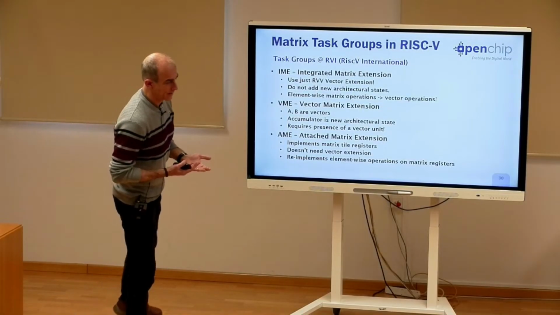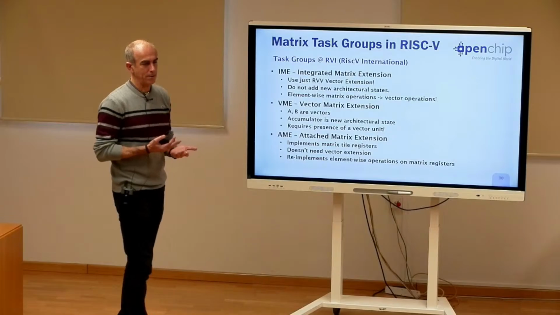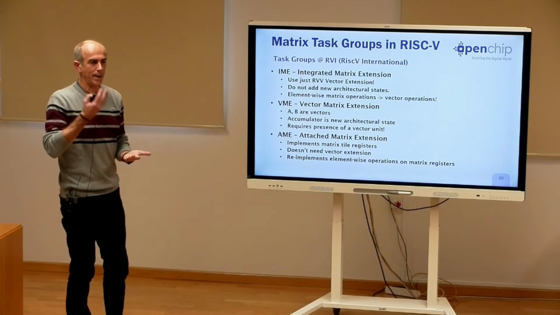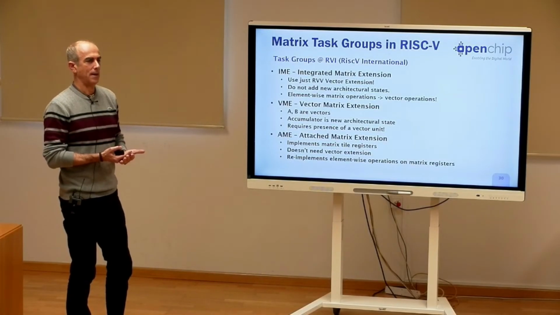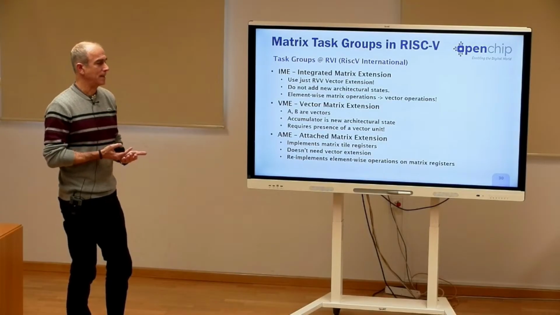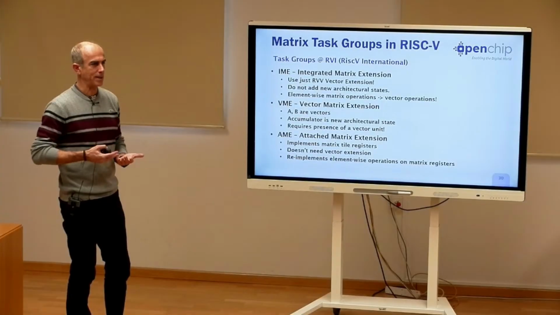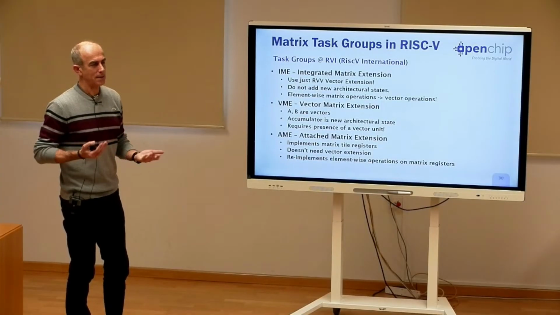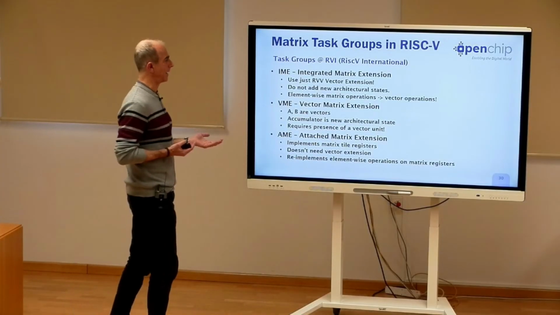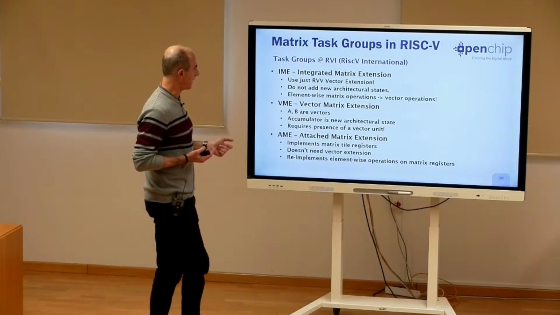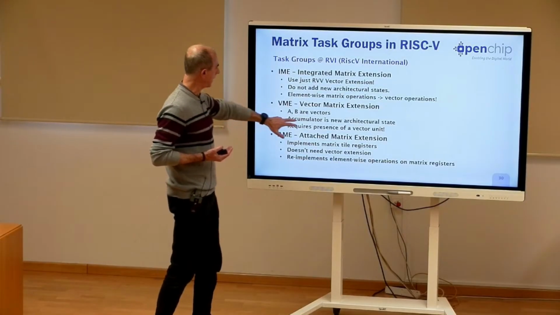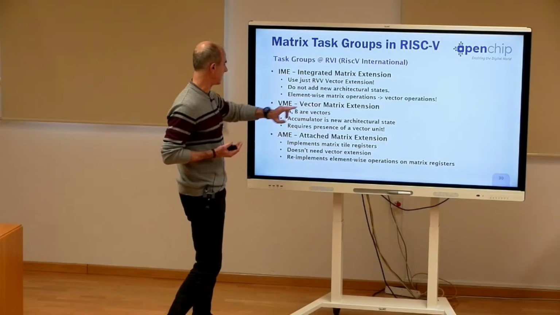If you design an accumulator, which is a local register where you store C, you don't need to put C back to the register after every computation. So you gain a lot of bandwidth in this case, and you can go faster. You are adding just this accumulator state.